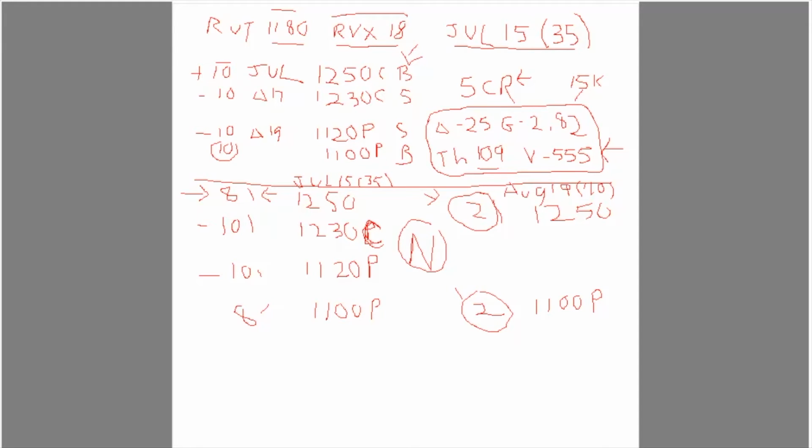Now, let's look at the Greeks. How do the Greeks change? Good question. So the Greeks of the original iron condor were delta short 25, gamma short 282, theta 109, and Vega minus 555. So remember, we want to keep similar theta but reduce our Vega. So the new Greeks will be this. Our delta will be minus 21, pretty close. The gamma will be minus 275.